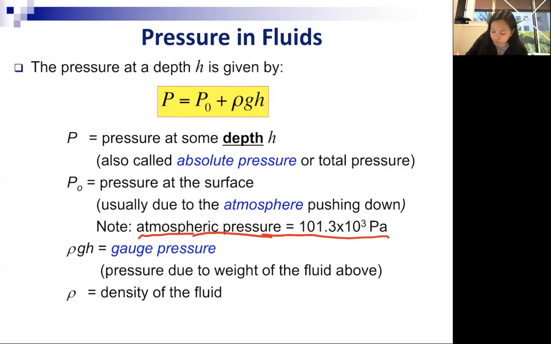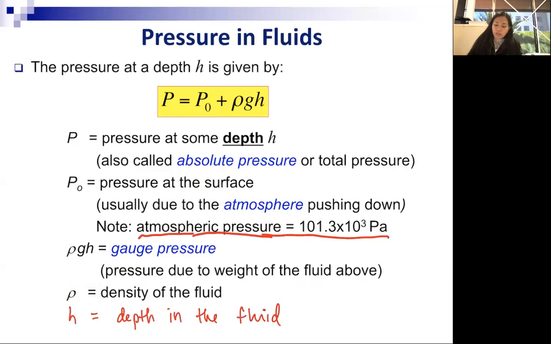Rho times G times H is called the gauge pressure, and that's the pressure due to the weight of the fluid above. Okay? Weight of the fluid, in particular the water above you. So rho will be the density of the fluid, and H is the depth in the fluid, right?